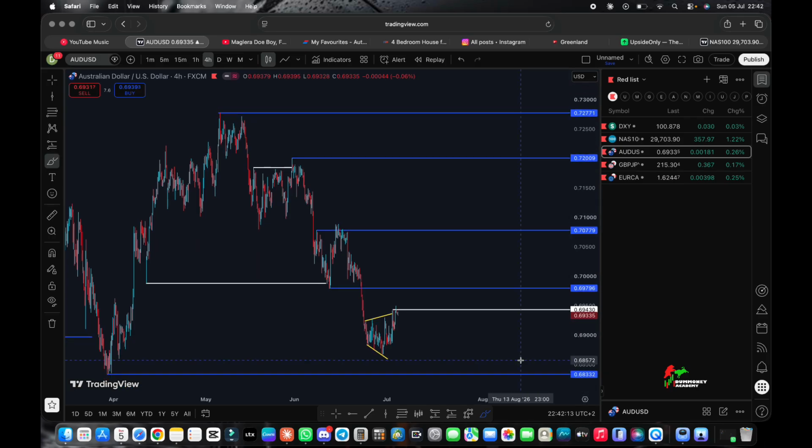So anything that is paired with the dollar is obviously going to lose value or gain value, depending on whether the first three letters, or the first pair, is either the dollar or against the dollar.